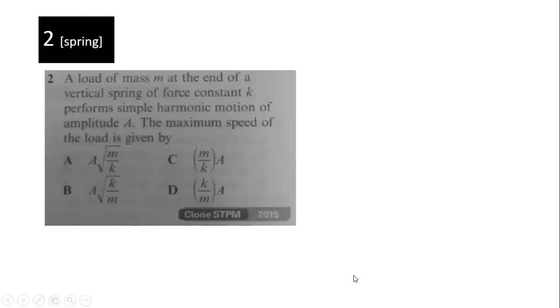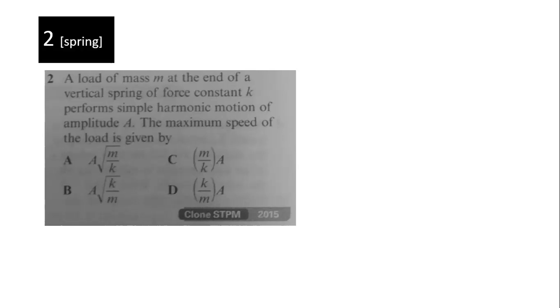Okay, this one. A load of mass m at the end of a vertical spring of force constant k performs simple harmonic motion of amplitude A. The maximum speed of the load is given by. Okay, how to calculate your maximum speed? Since you got so clever this time to get the answer so fast, how to get the maximum speed?